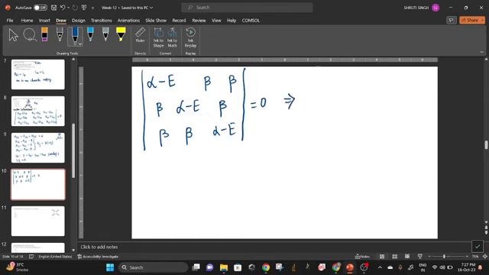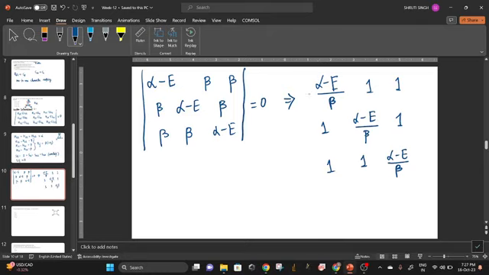Let me write it like this: alpha minus E by beta, 1, 1; 1, alpha minus E by beta, 1; 1, 1, alpha minus E by beta.